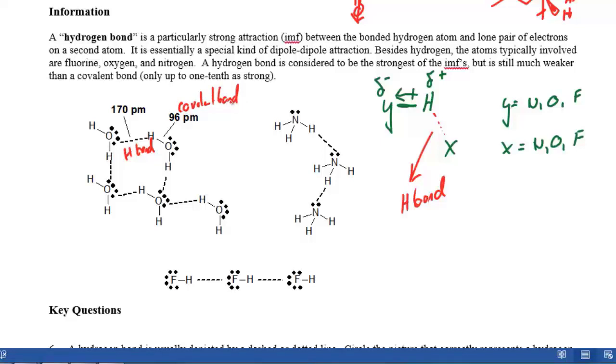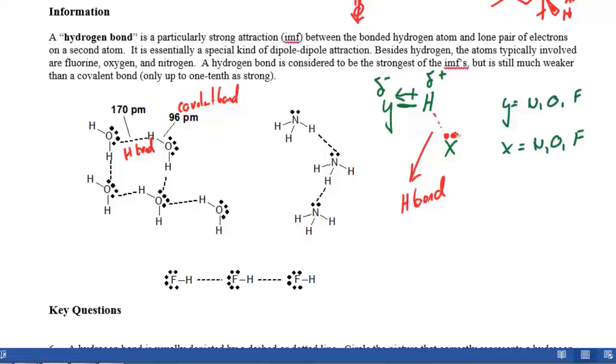And so that closer distance between the hydrogen atom and the oxygen atom in the covalent bond indicates a substantially stronger force of attraction. Now, there's one thing that you can't forget to include, and so I've intentionally left it off just for highlight here: in showing the hydrogen bond, we need to also indicate the lone pair of electrons on X, on that nitrogen, oxygen, or fluorine.